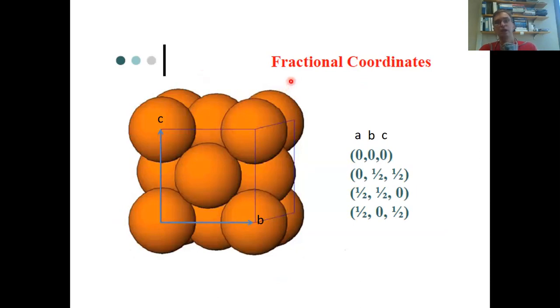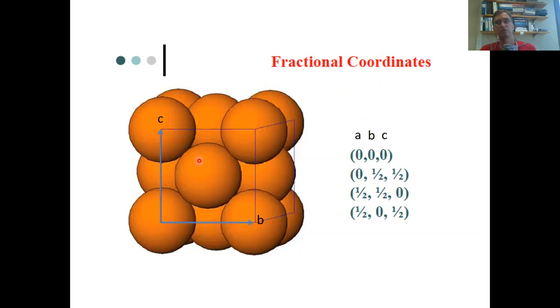So what is meant by fractional coordinate? Well, we describe here the fraction of the lattice constant in one particular direction. That can be in 3 dimensions, lattice parameters A, B, and C.